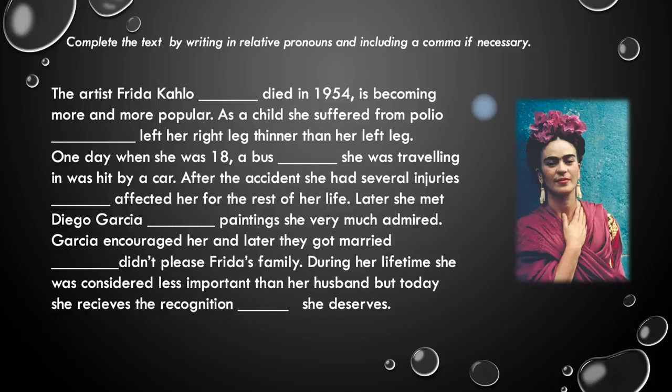Well, I guess most of you know about her life and her paintings, and in the text we need to use suitable relative pronouns and commas if necessary. Please read the text on your own first, and then we will do the text together. You can pause the video now.